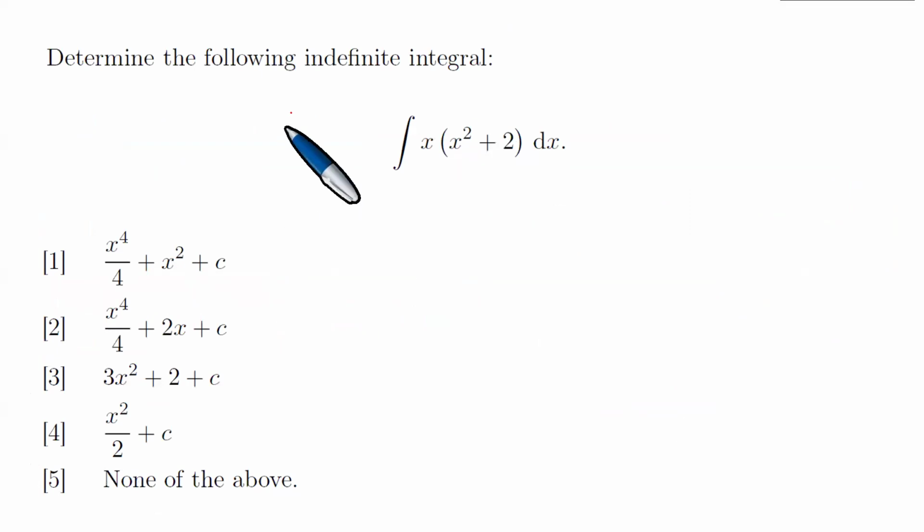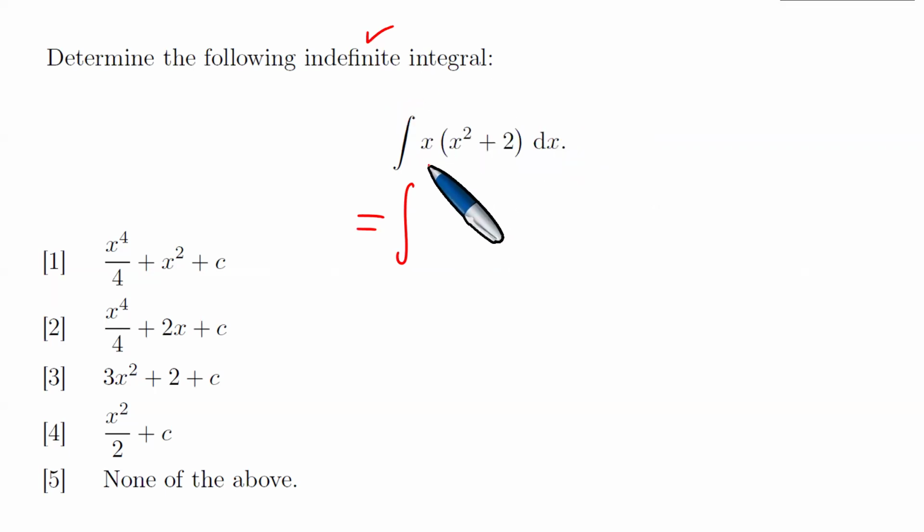You want to determine the following indefinite integral, and this integral here is a very, very important one. How do we proceed to deal with this one? We look at the fact that it is an indefinite integral.